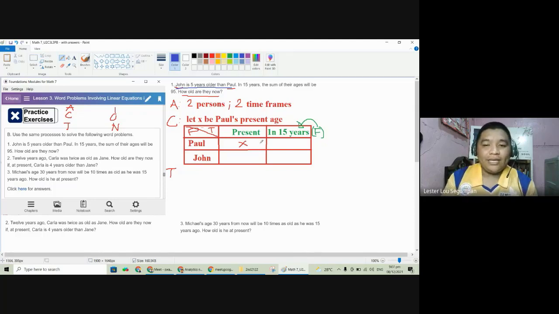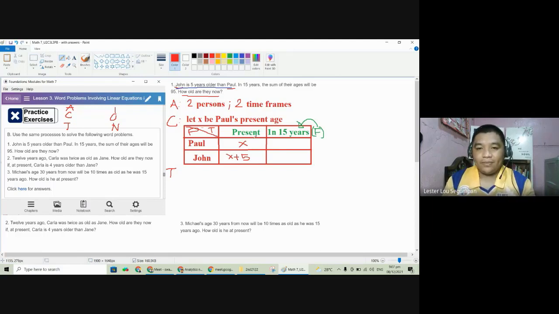So if Paul is x, John's age at present, since he is 5 years older than Paul, is x plus 5. Meaning, whatever the value of x, let's say 2, 2 plus 5 is 7. So 7 is 5 more than 2. If this is 11, John will be 16, and 16 is 5 more than 11.